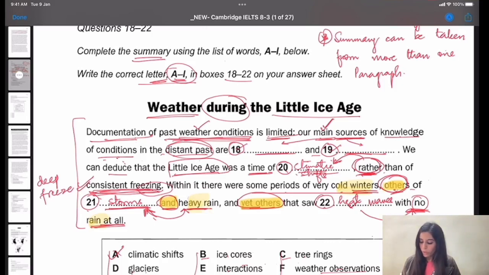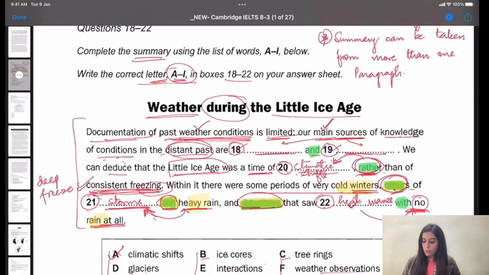So again I'll use a different highlighter. Please keep in mind these, and here, words like rather. So these are really important. These are connectors as well in certain cases. These help you in understanding what the next word could be, what could be the answer in the blank.